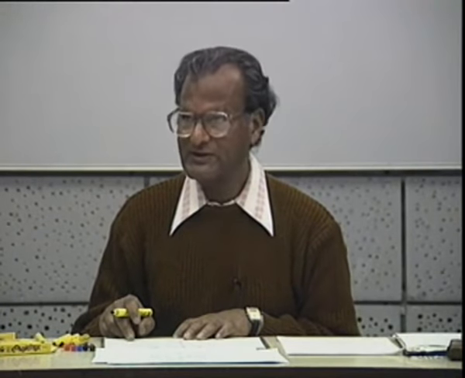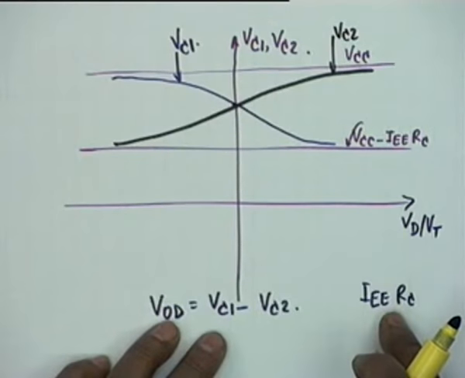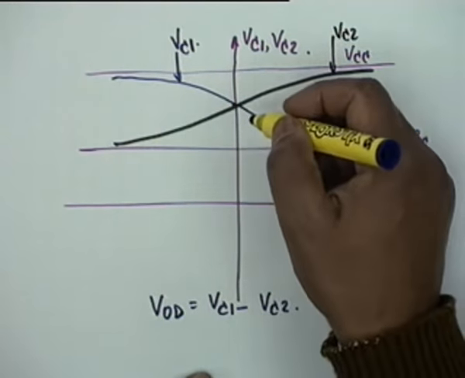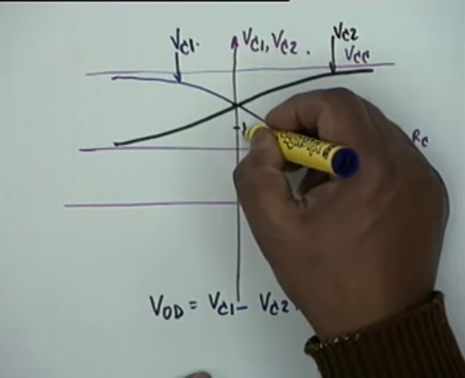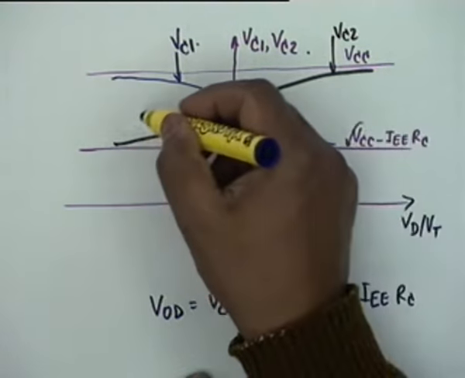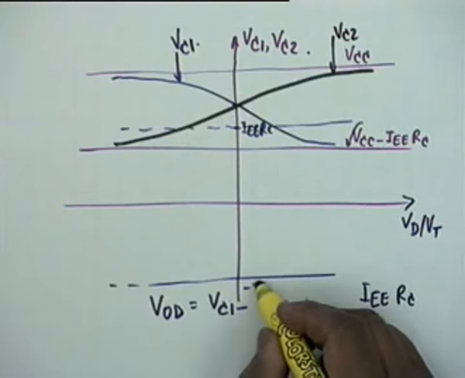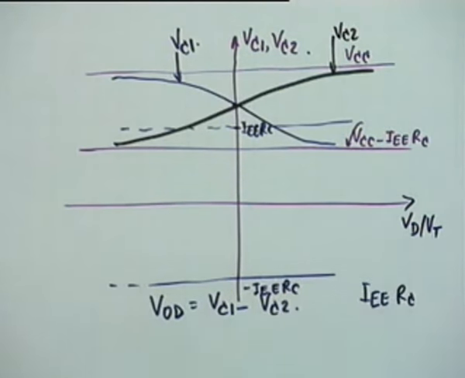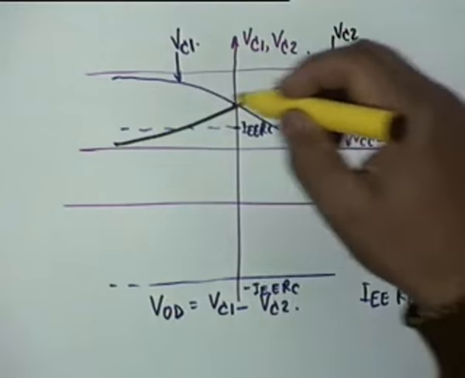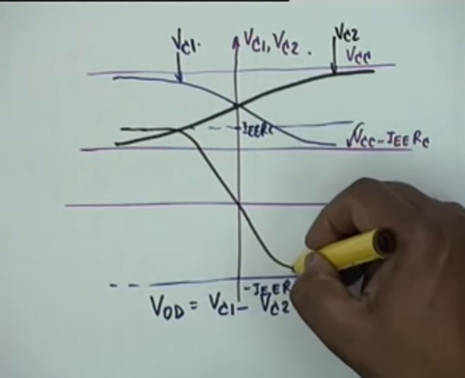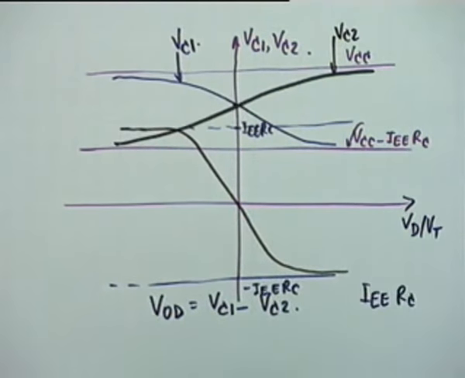So the output voltage shall swing between plus IEE RC and minus IEE RC. And therefore, let's draw a line of IEE RC here. Then I must go to minus IEE RC also. Okay? And the plot shall look like this.